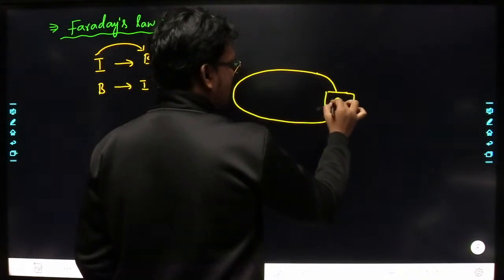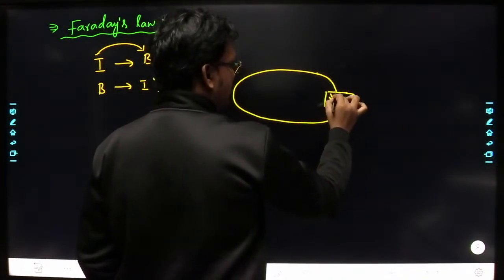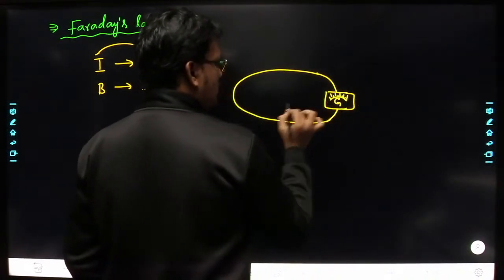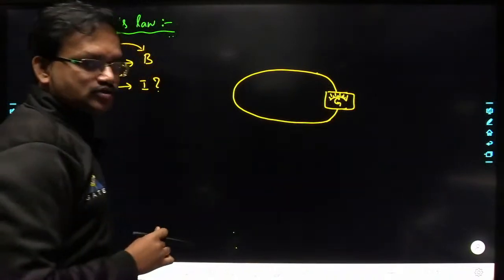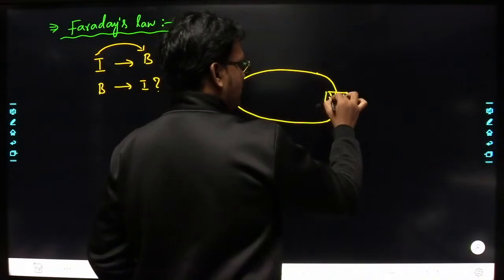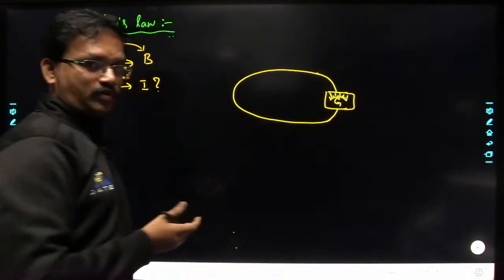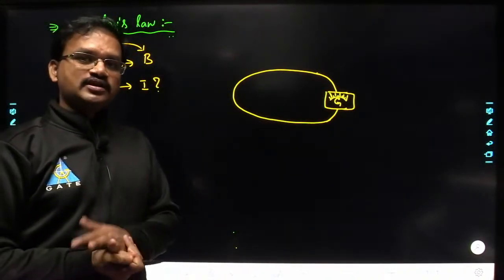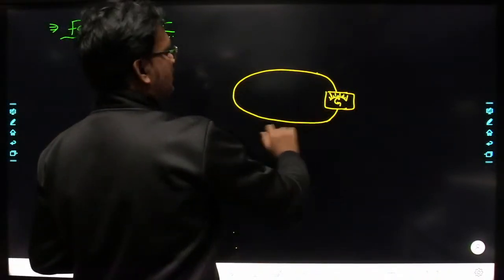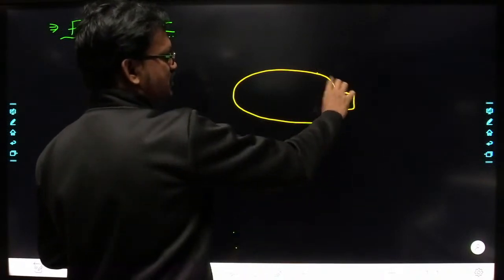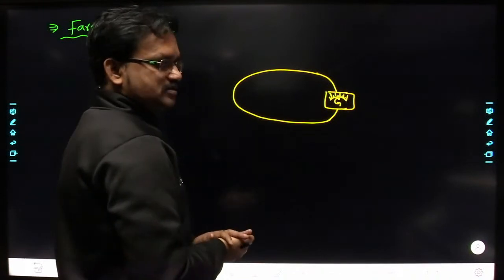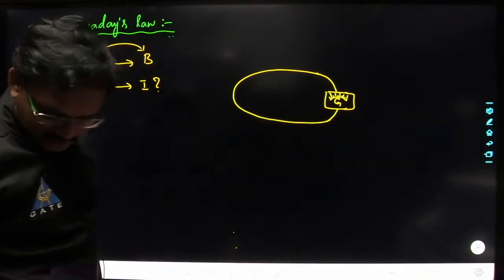What is the purpose of the galvanometer here? The galvanometer can be used as either an ammeter or a voltmeter. Understood?